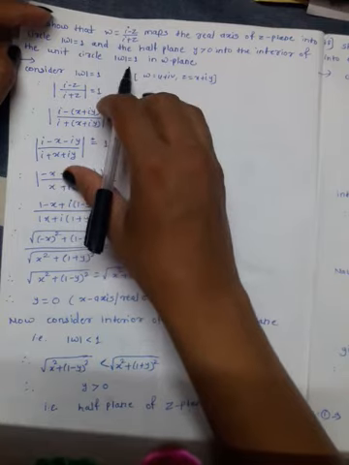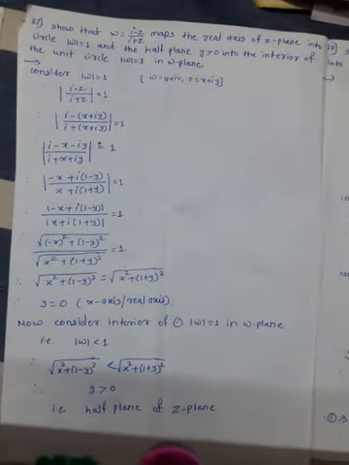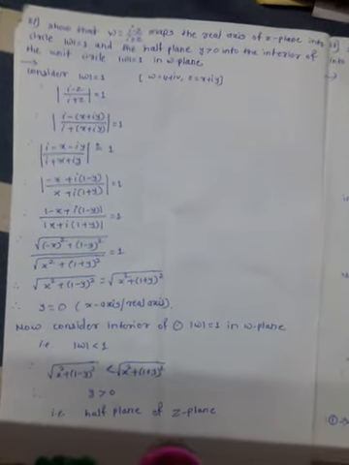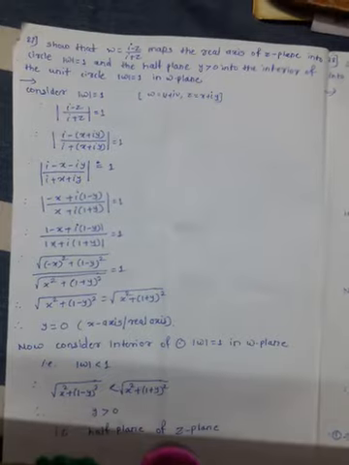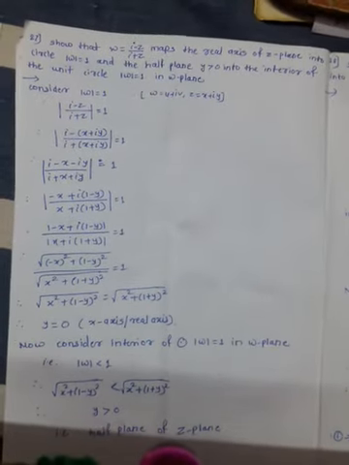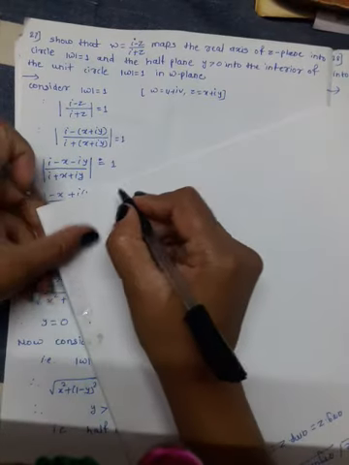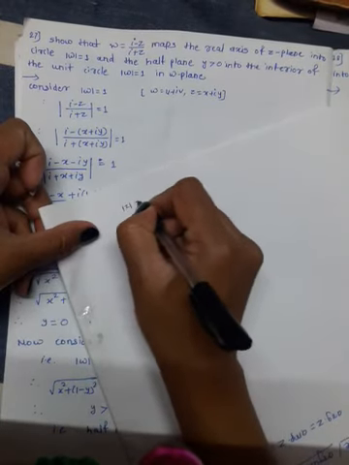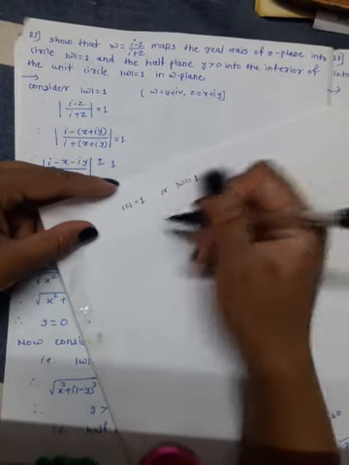Why is this a unit circle? Because we know mod z is equal to 1 or mod w is equal to 1 are circles.